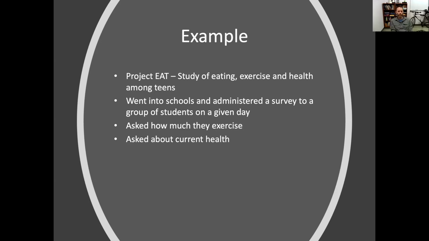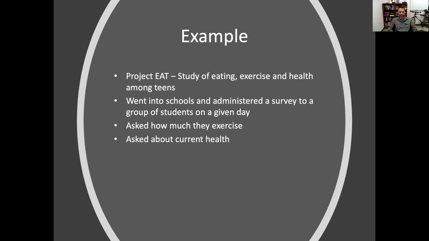As an example, there's a project that's been done on and off for years called Project EAT. It's a study of eating, exercise, and health among teens in Minneapolis. The way the study was conducted at baseline was a group of people went into schools and administered a survey to students in particular classes on a certain day.